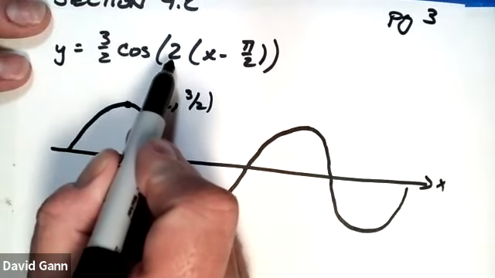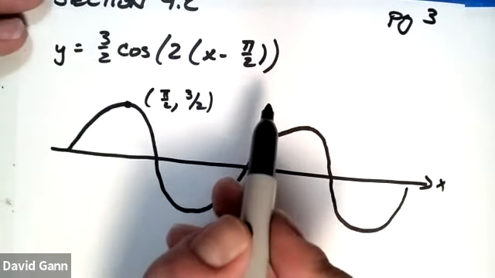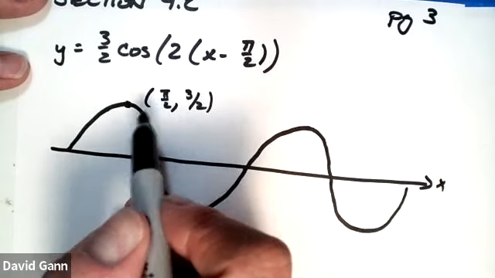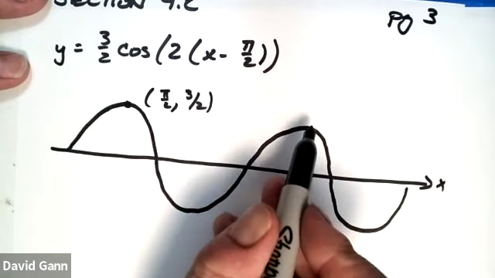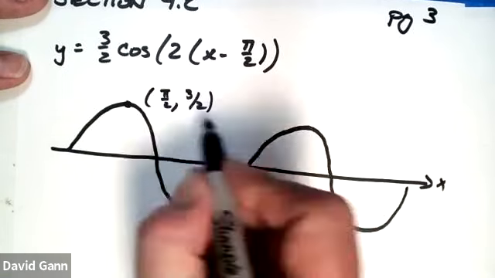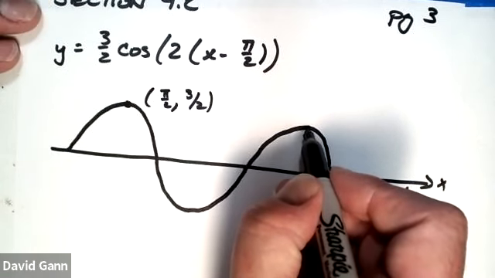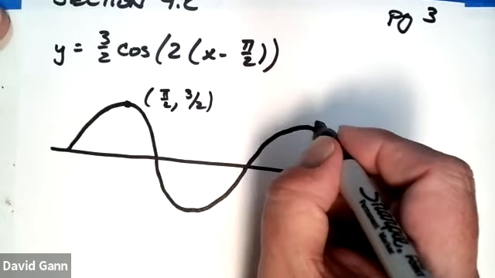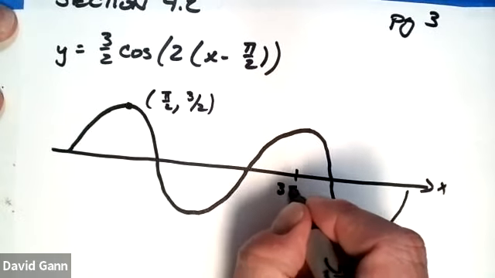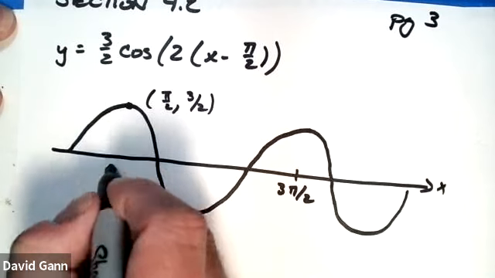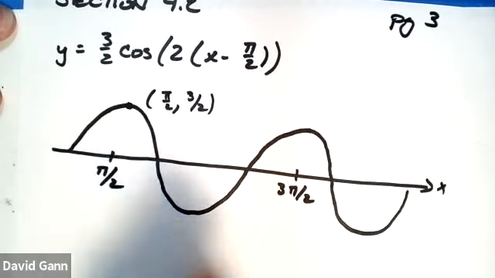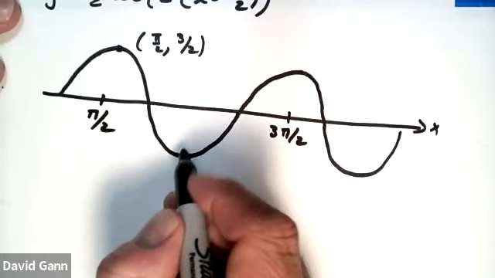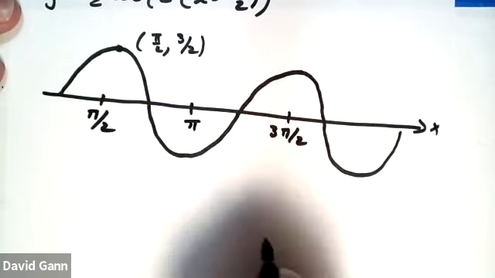Okay? And because b is equal to 2, the period is equal to pi, we can figure out what this point is over here. This is a full period, so it'll be an additional pi. So pi over 2 plus pi is actually 3 pi over 2. And this is pi over 2. So that actually makes this point in the middle pi.